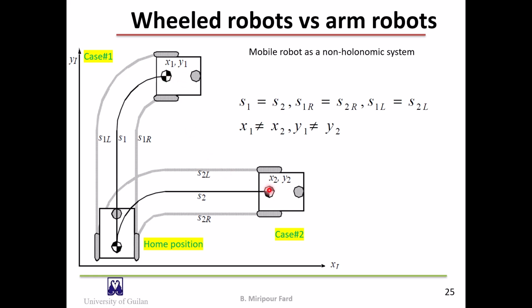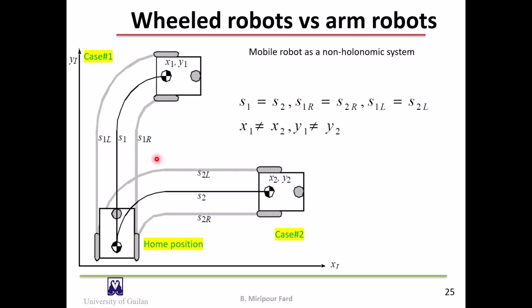In the second case, the center of mass has moved as much as S2. Also, the right and left wheels have moved equal to S2R and S2L respectively. You can see the final state of the robot in this case.